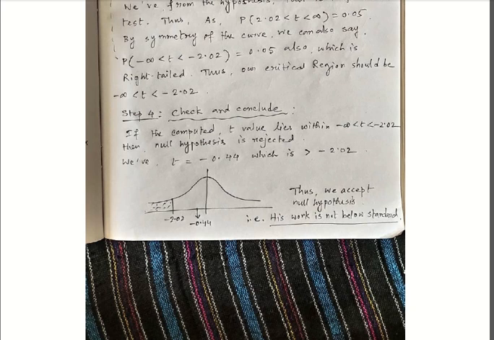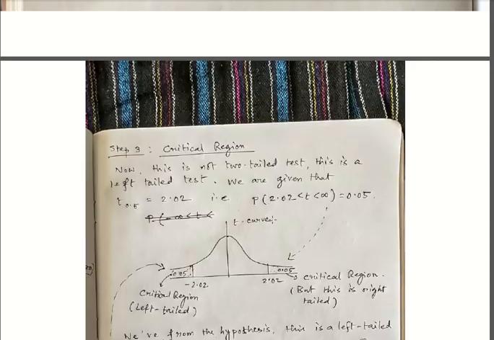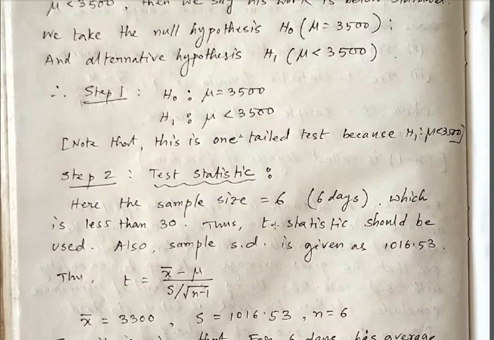If it is inside the critical region, we will reject the null hypothesis. If it is outside the critical region, it lies in the confidence interval here, so we say that the null hypothesis is accepted. Null hypothesis accepted means his work is not below standard. Look at this, the null hypothesis mu equal to 3500, that is, whatever he expects to earn, he will actually earn it.